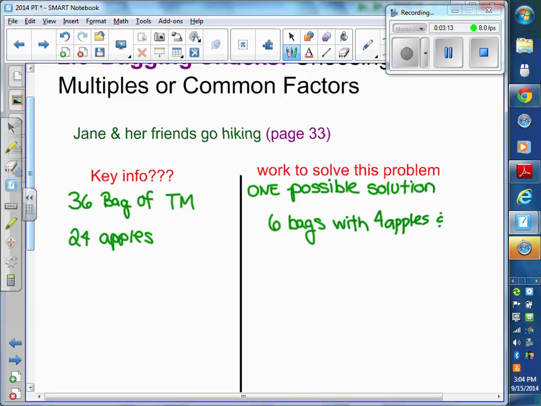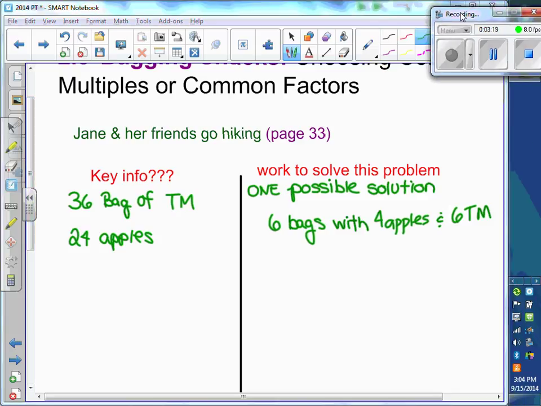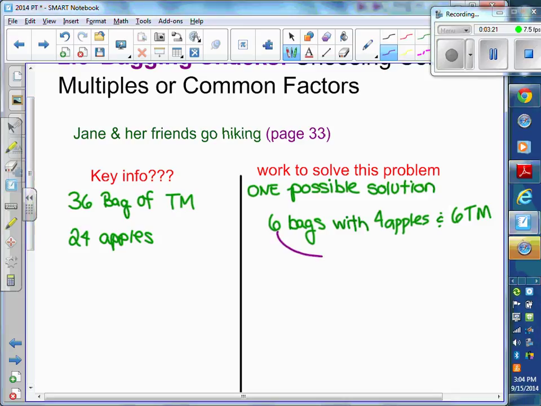And 6 trail mixes. And why is that? You have 6 bags, 6 times 4 is 24, and that's how many apples there are. And 6 times 6, when you multiply these, makes 36, and that's how many bags of trail mix. So that would work because it would be divided evenly with no remainders. Raise your hand if that makes sense.